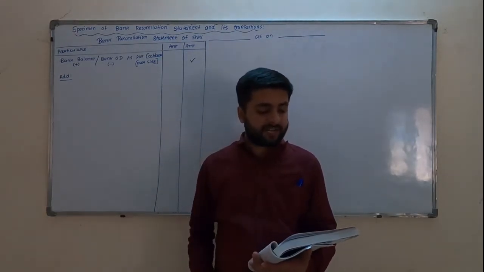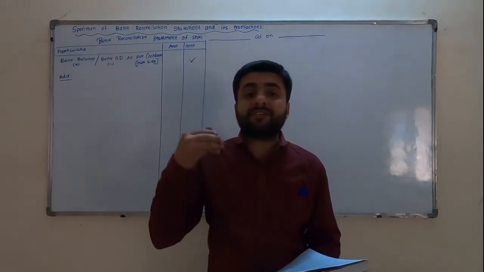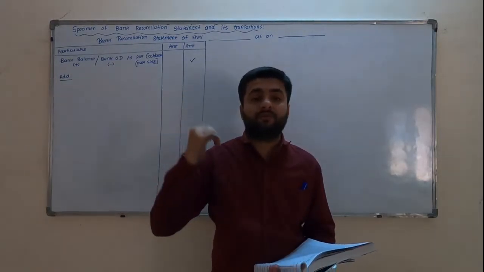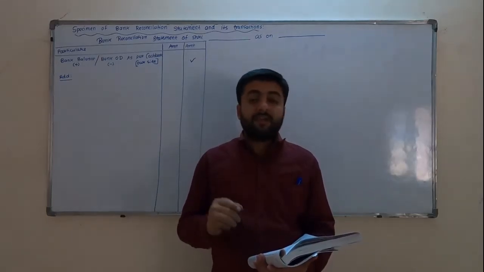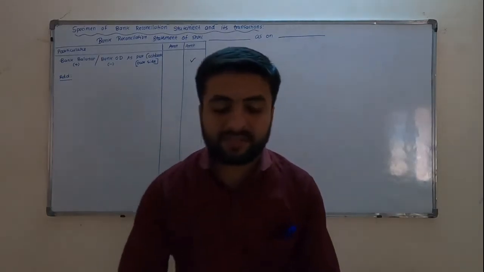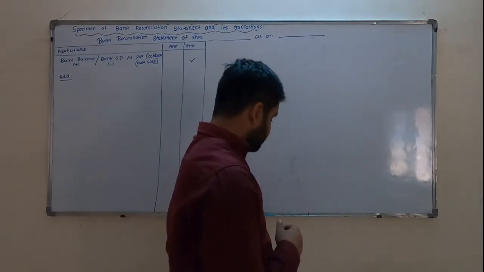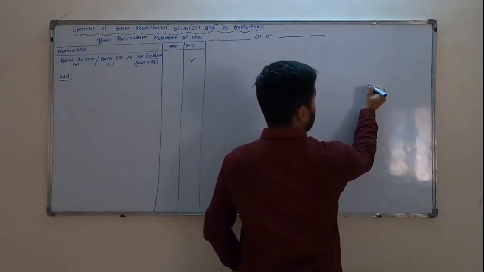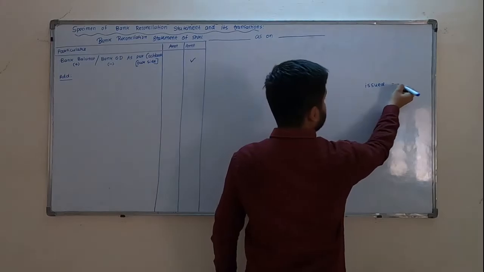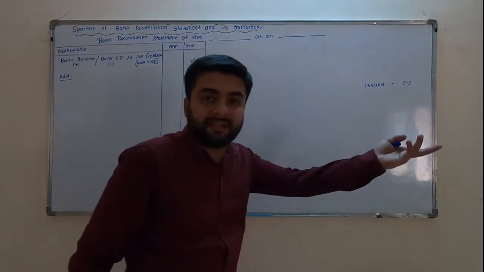What are they meaning to tell? Cheque issued means we are giving. We have to give for payment to creditors. Now issued means minus. Issued is equal to minus because we are giving.